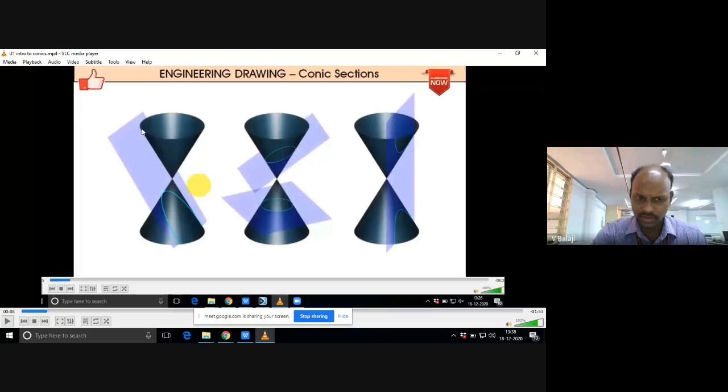In the first figure, the cutting plane is at an angle, and in the second figure, the cutting plane is at a different angle. In the third figure, the cutting plane is vertical in position. Accordingly, you can see the curves generated. If the angle is like this, you will get a parabola.